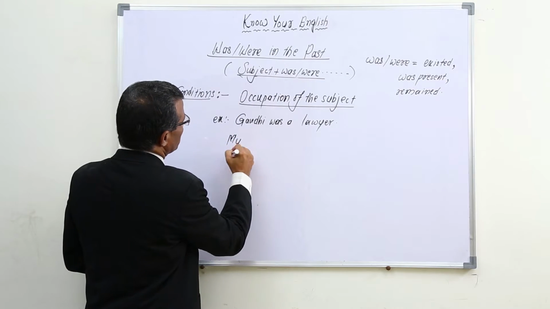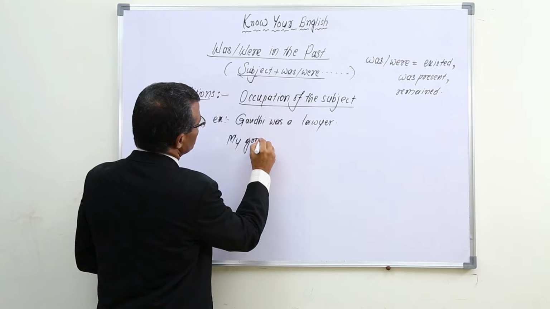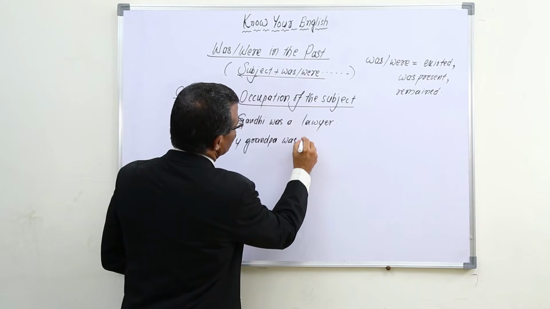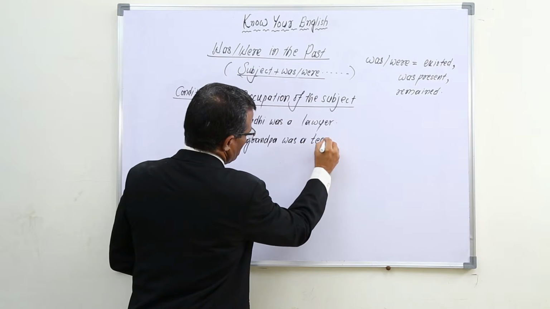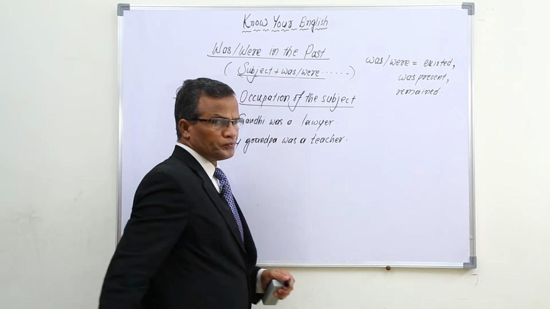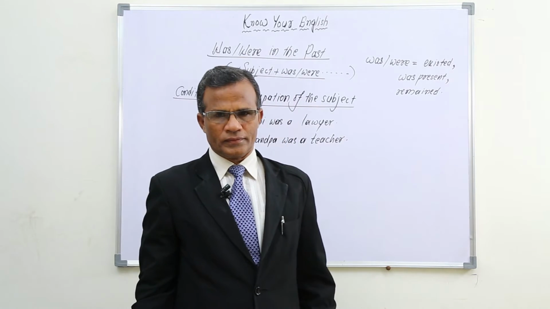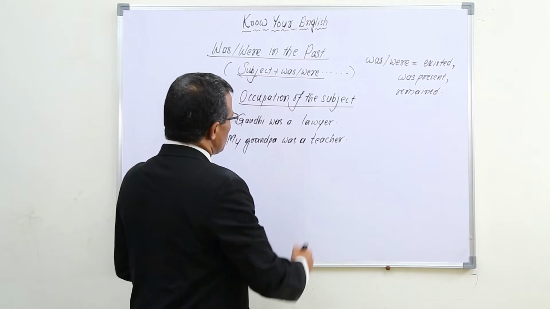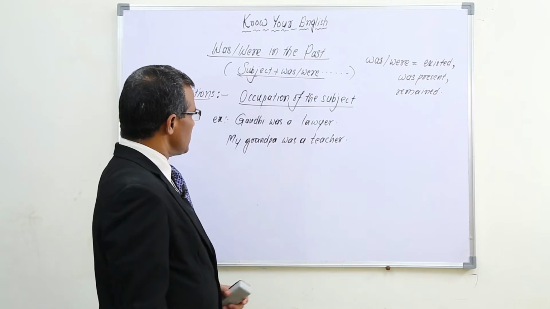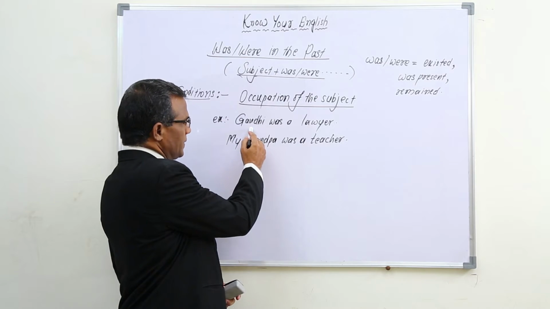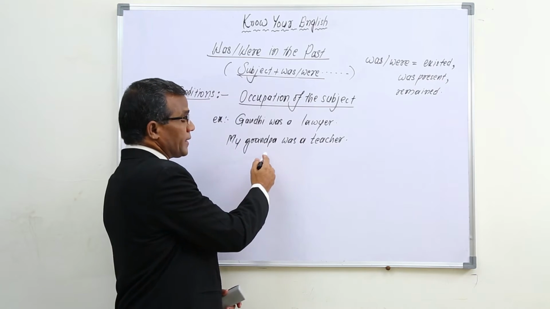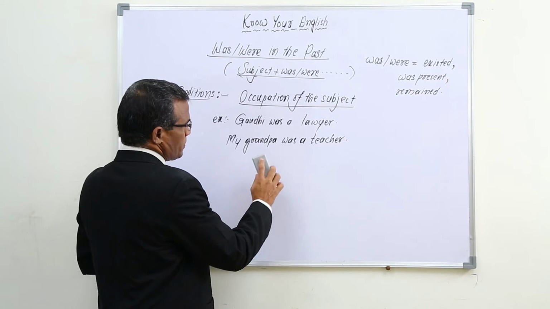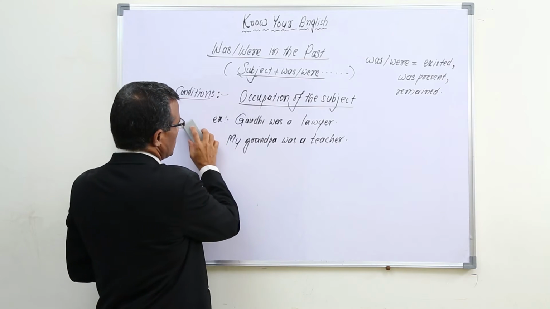My grandpa was a teacher. Right, Gandhiji was a lawyer, my grandpa was a teacher. We are talking about the occupation of Gandhi, the occupation of grandpa in the past. In this way, we can express the occupation of the subject in this structure also.